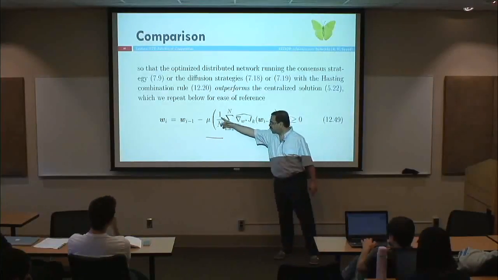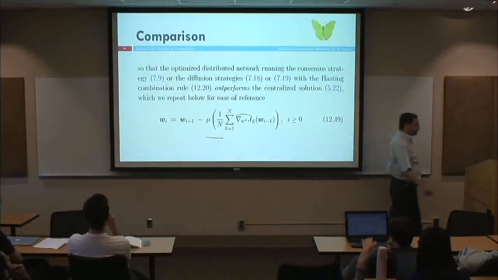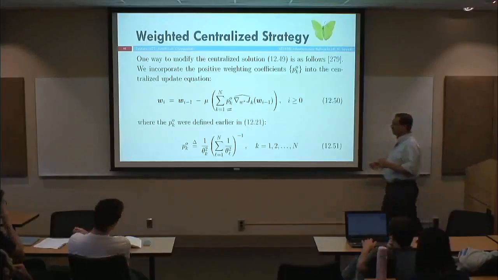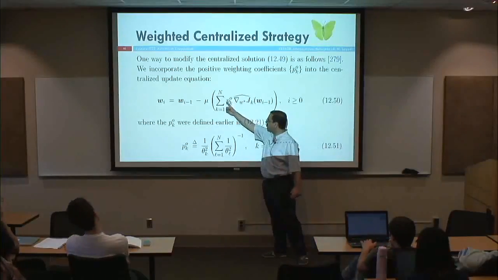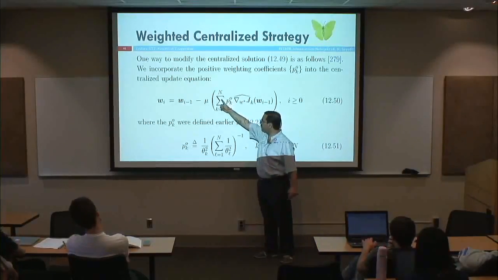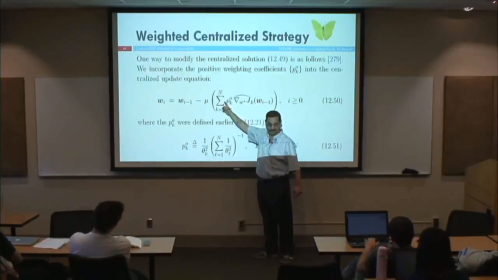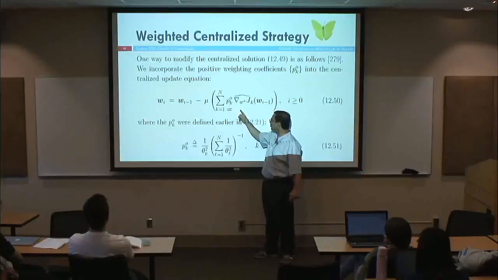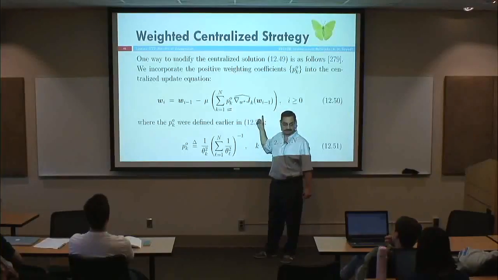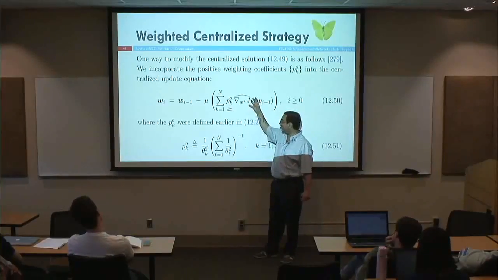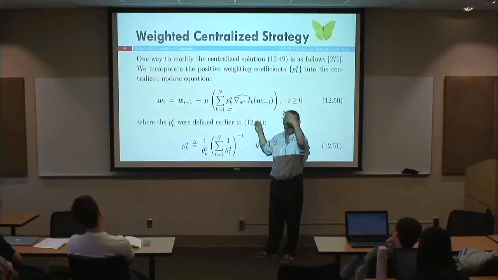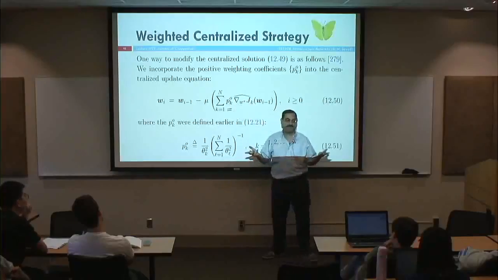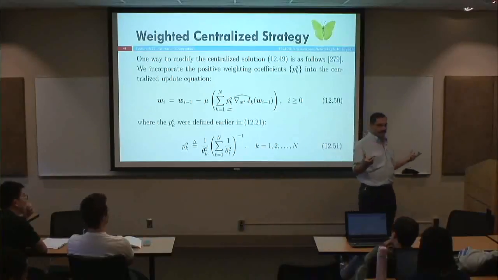There is 1 over n here, so the gradient noise here, I can define it as the difference between, you see, put 1 over n times n here, np this hat minus np the true gradient, right? So the gradient noise here is proportional to the gradient noise in the previous case, and the proportionality is n times p, correct?